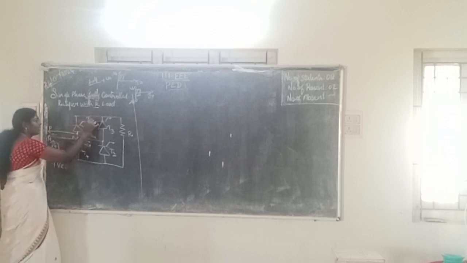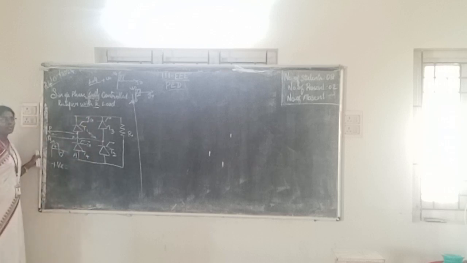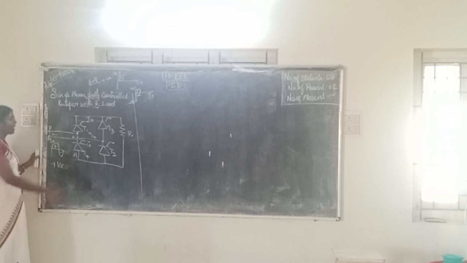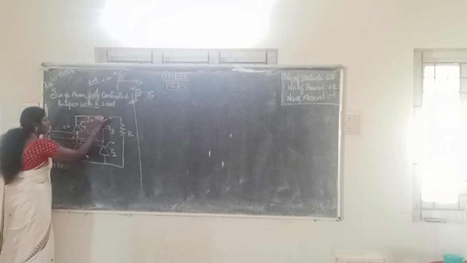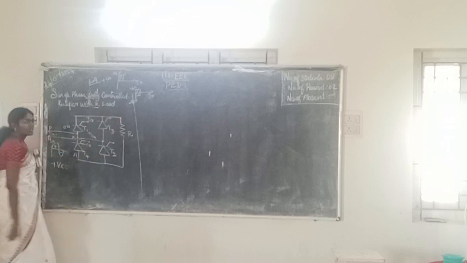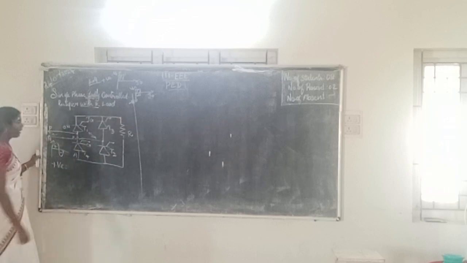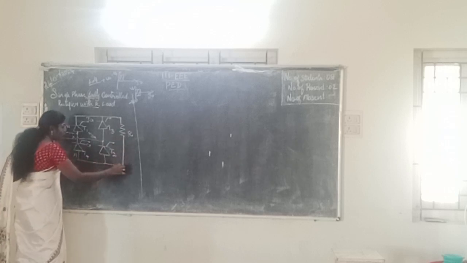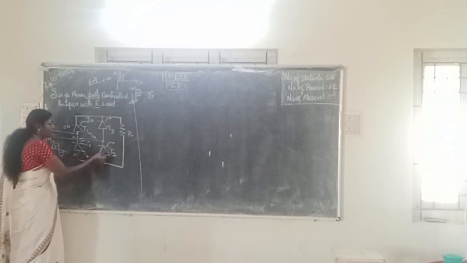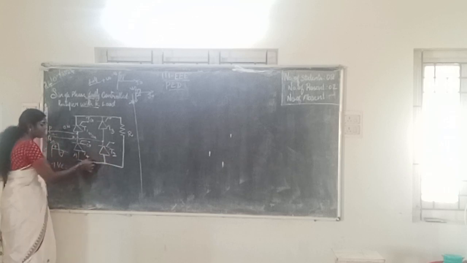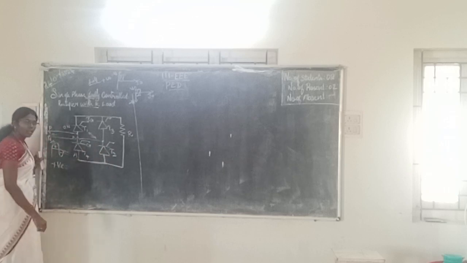Whenever the gate triggering pulse is given to the gate terminal, this thyristor will turn on. So the current flows through this thyristor to the resistive load. From there, both thyristors are in forward conduction: the current can flow to T2, or else to T4.